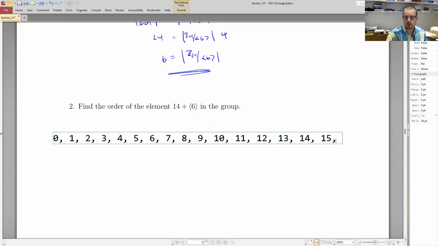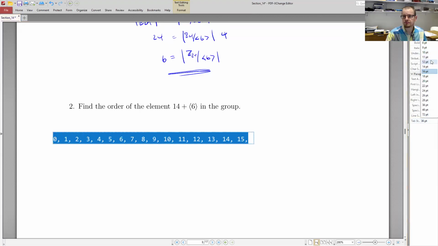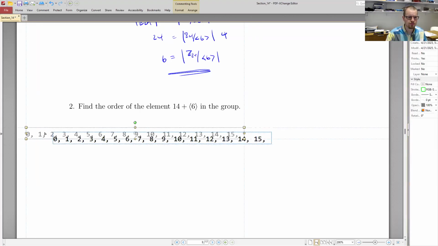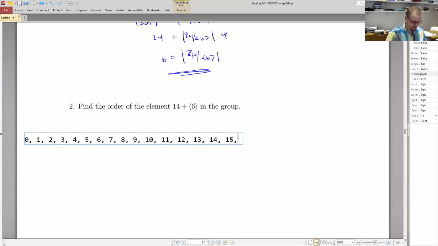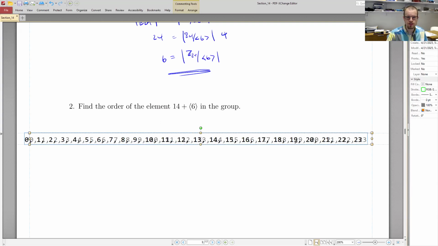And this is going to end up taking too much space. So let me change our size here. Let's try a 12-point font and move this over. Here we go. 16, 17, 18, 19, 20, 21, 22, 23. That gets us what we're looking for there for space.